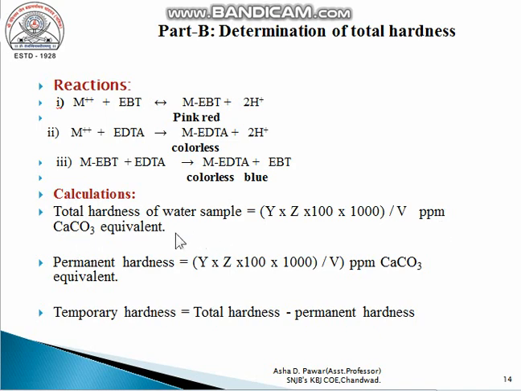Once we calculate the total hardness for the given water sample, we boil and filter the same water sample, and after boiling and filtration, temporary hardness is completely removed from that water sample.